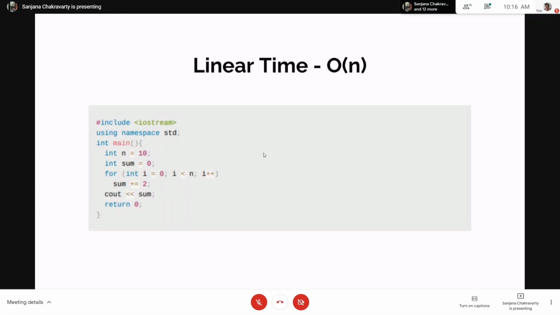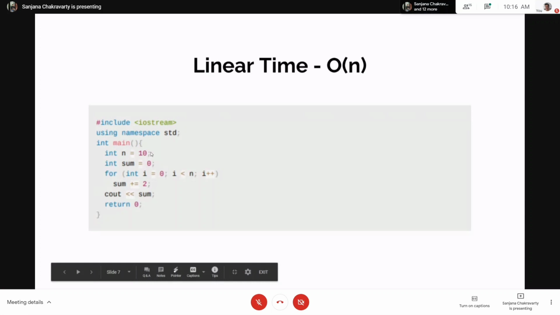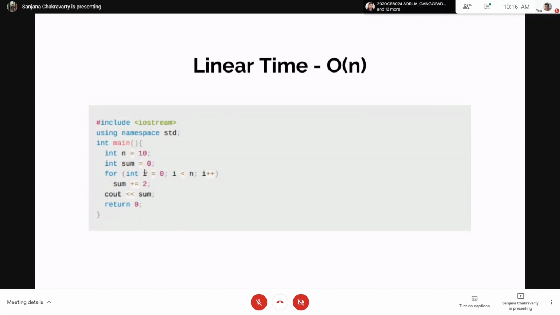Then we have linear time complexity, where suppose n is your input and you're finding a linear sum, say the sum of all elements in an array, and you have a loop which goes from 0 to n minus 1.